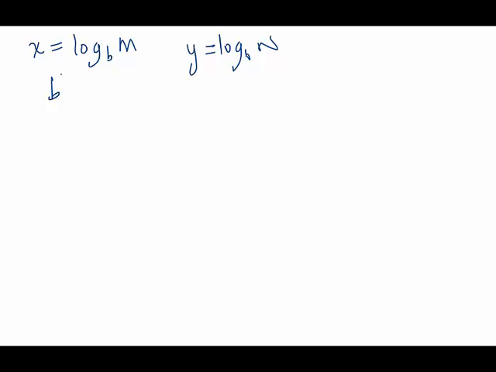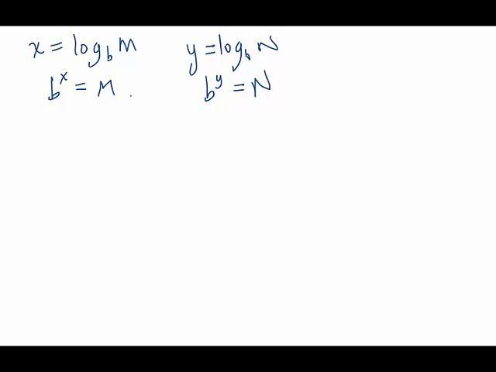Okay, well, let's examine this formula just a little bit more in detail. I'm going to say that x is equal to log base b of m, and y is equal to log base b of n. If we convert this to exponential form, we'd say b to the x is equal to m, and b to the y is equal to n.